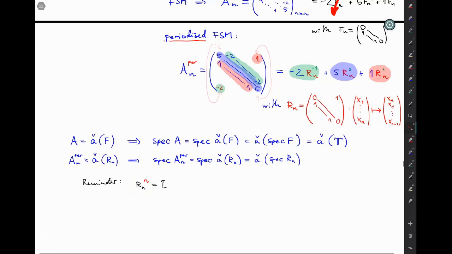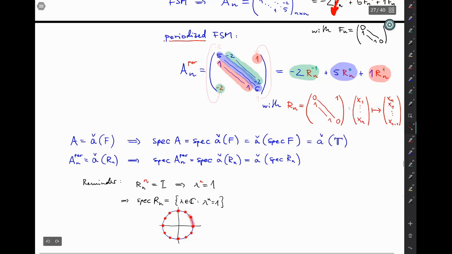And therefore the eigenvalues of Rn, if you take them to the nth power, give you the eigenvalues of the identity, but these are all equal to 1. So the spectrum of Rn consists of the nth roots of unity. So for example, if n equals 12, then this just looks like the hours on your wall clock.